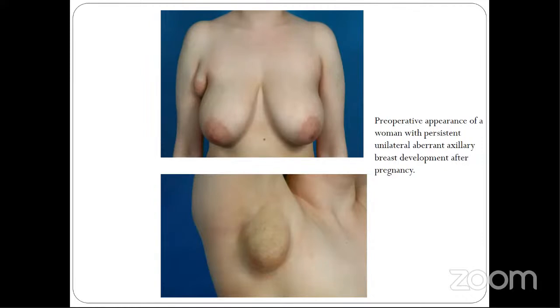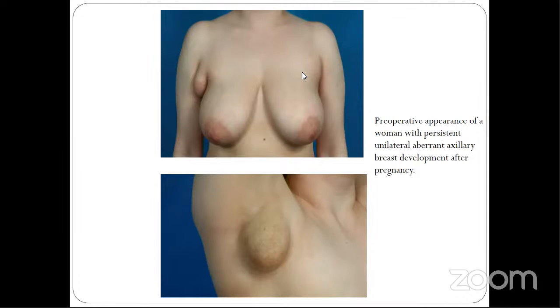The next question: can this axillary breast go through malignant transformation? Yes or no? We need an answer, please. Can axillary breast go malignant transformation?